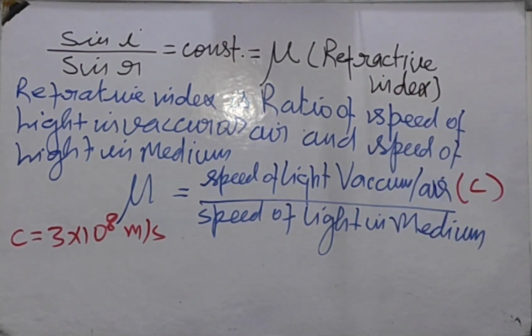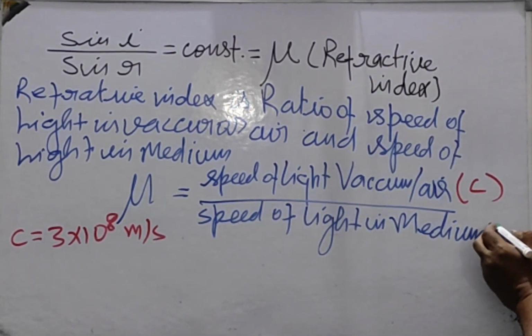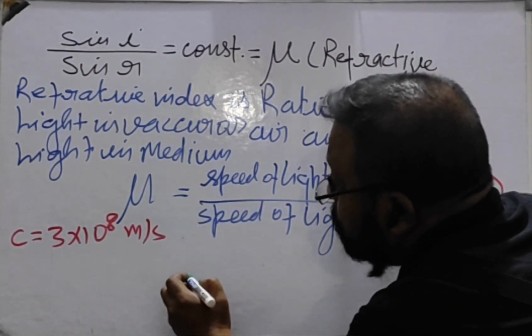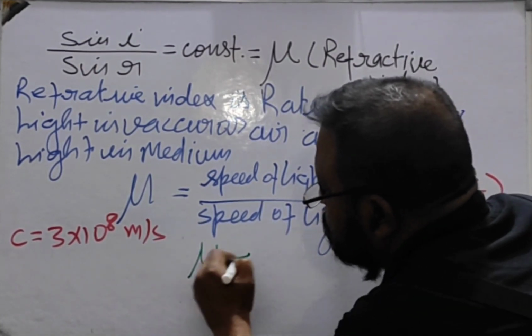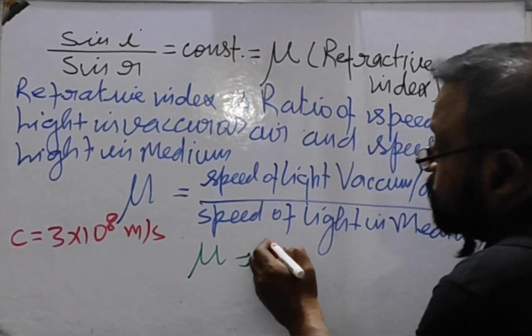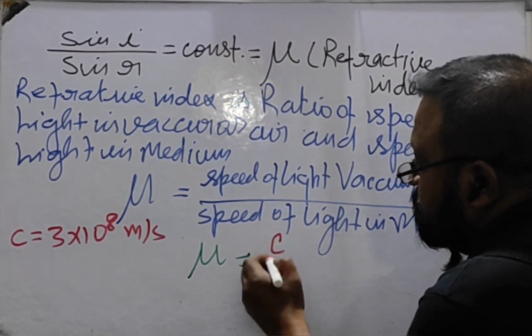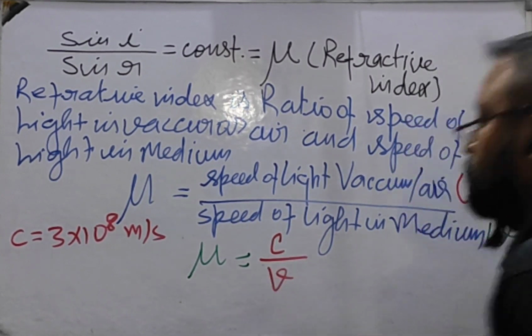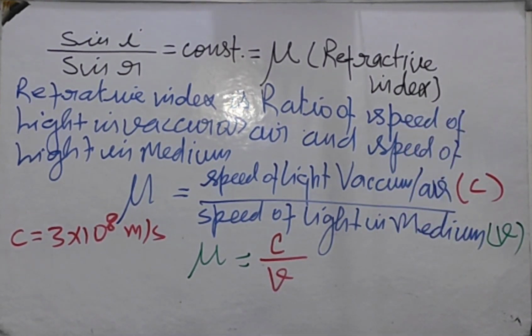And speed of light in medium is v, right? So mu is equal to c upon v, right?